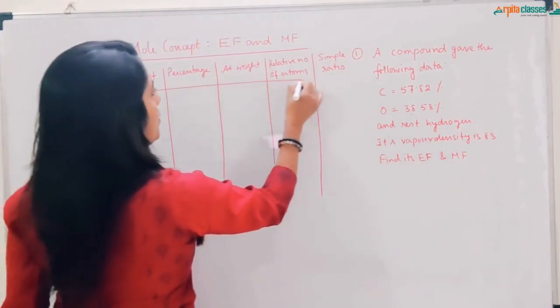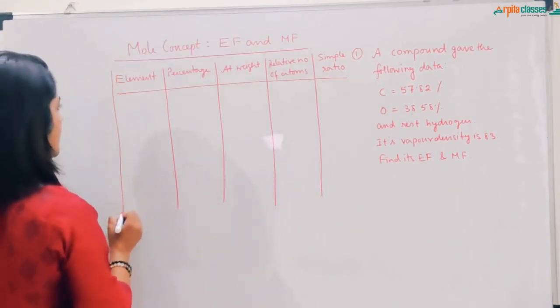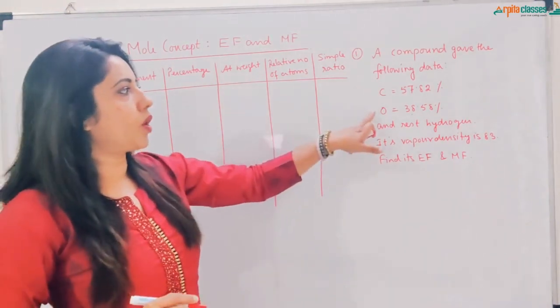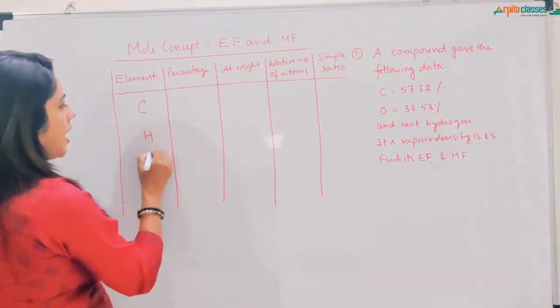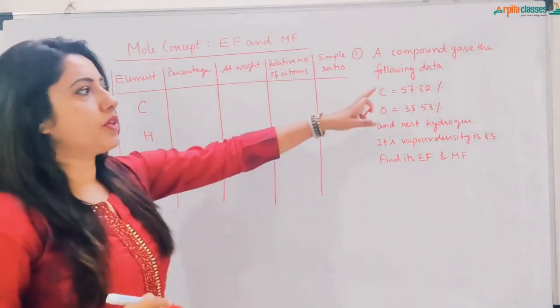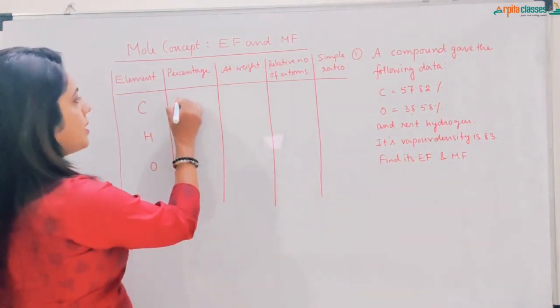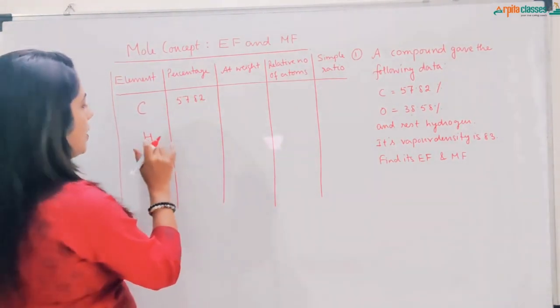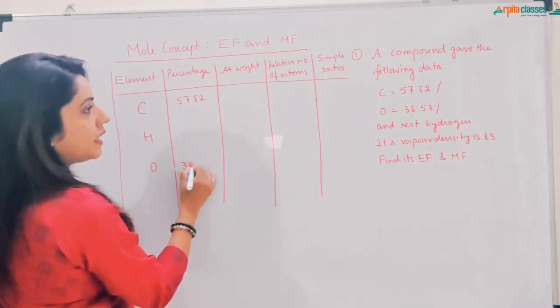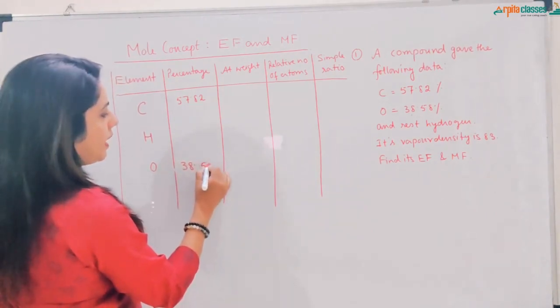Okay, now let us fill this table. We have elements carbon, oxygen and hydrogen. So under element we are going to write carbon, hydrogen and oxygen. The percentages are given. So carbon is 57.82%. Hydrogen we do not know, oxygen is 38.58%.